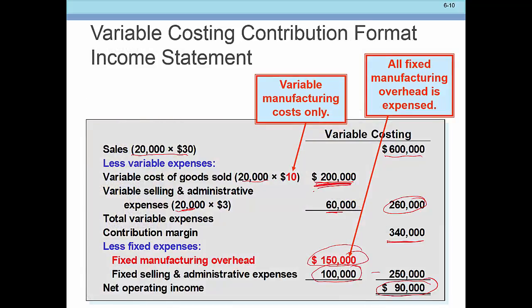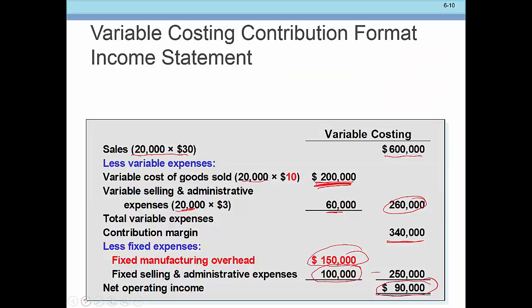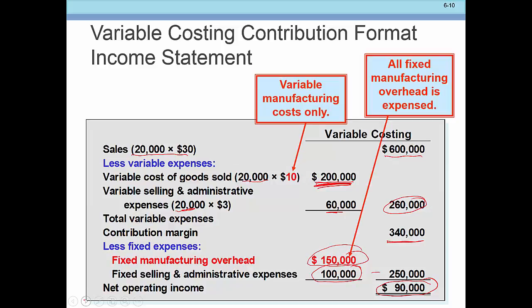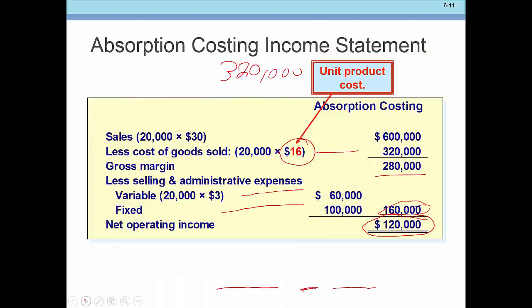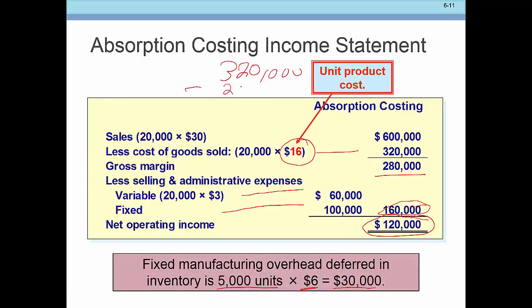And so that's a difference of 320 minus 200, right? That's a $120,000 difference.